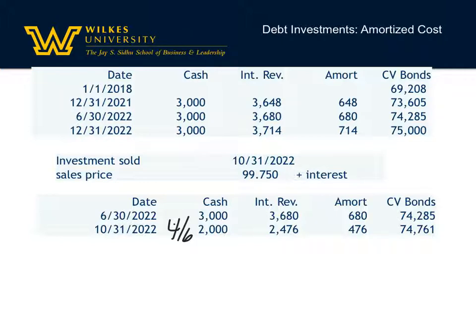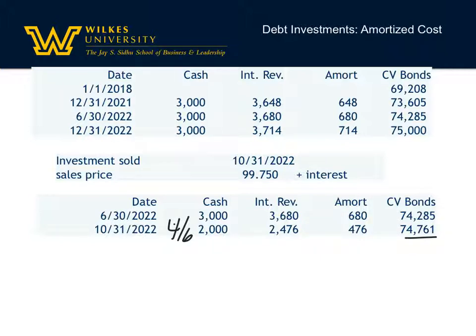And your interest revenue is going to be principal times rate times time, and your time is going to be 4 months out of 12 instead of the 6. But you end up with a carrying value at $74,761. So one of the things you have to do is record your interest to that point, because you want to make sure your carrying value of the bond is up to date.